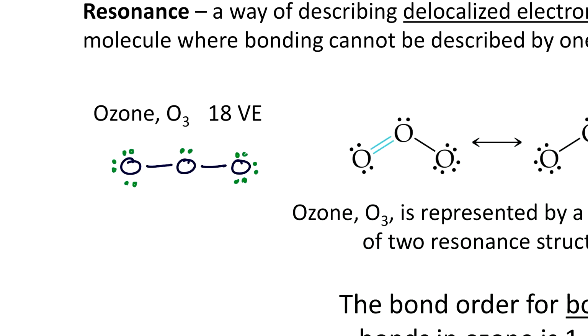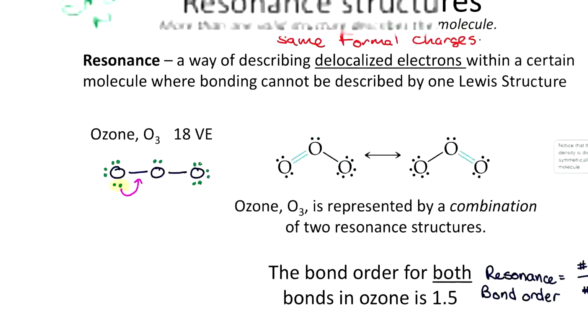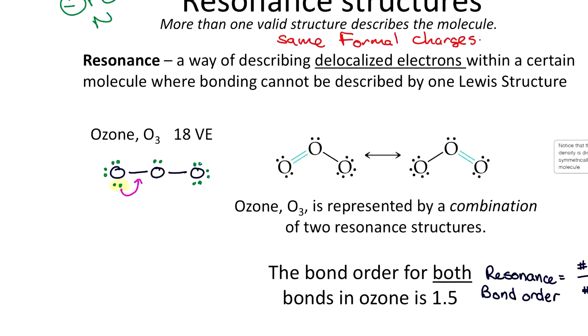And so that idea that if I moved this lone pair to make a double bond on the left side of the molecule, or if I moved this lone pair on the right side of the molecule, both of these things are equivalent, all right? And so the idea is, I can move 1 lone pair from one side, 1 lone pair from the other side.